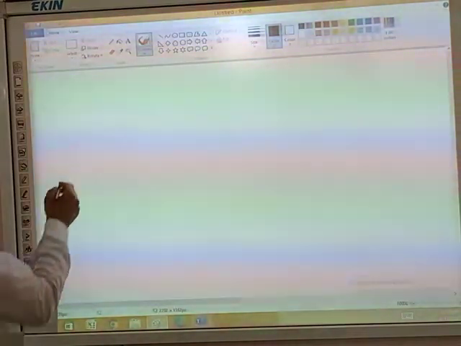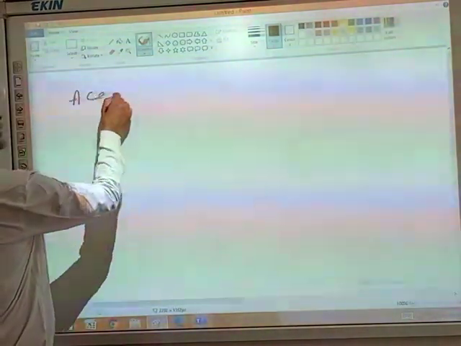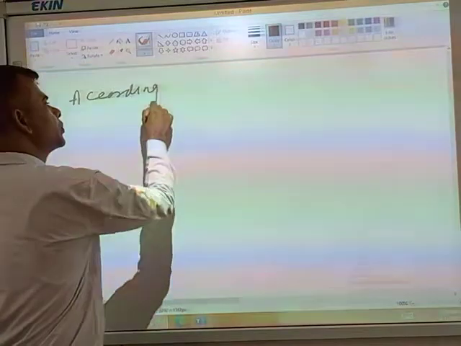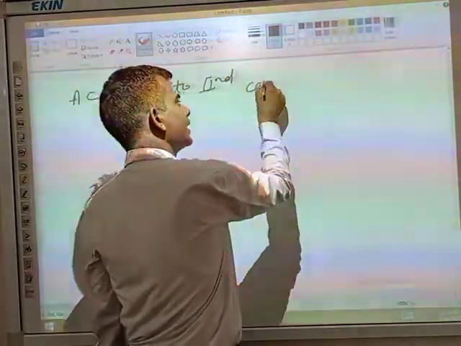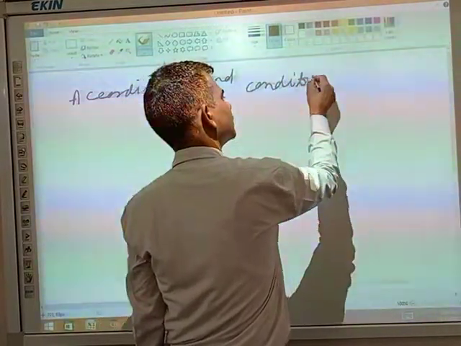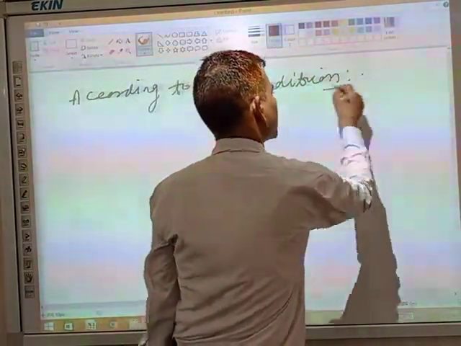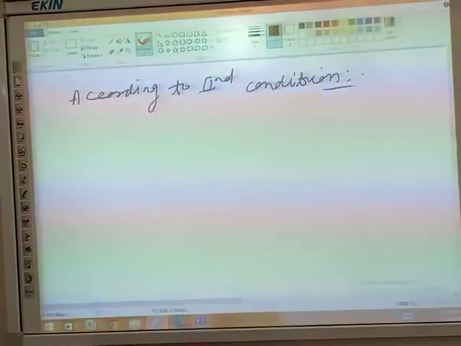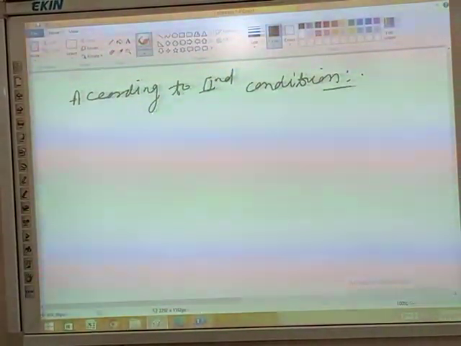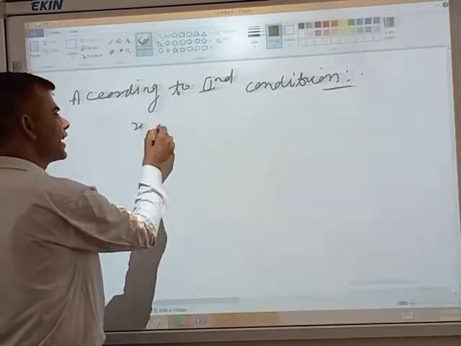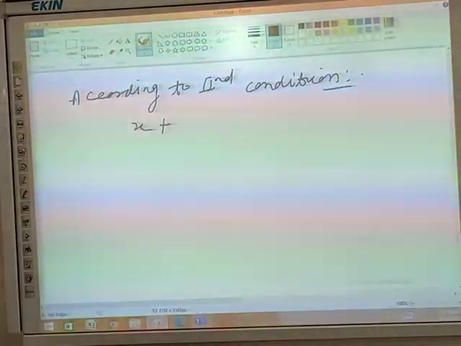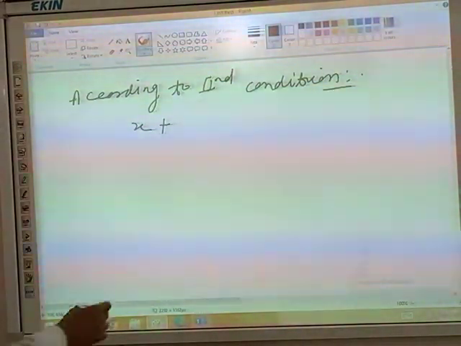Now students, according to the second condition, the other coach buys another bat, cost of 1 bat rupees x, and 3 more balls, 3y.